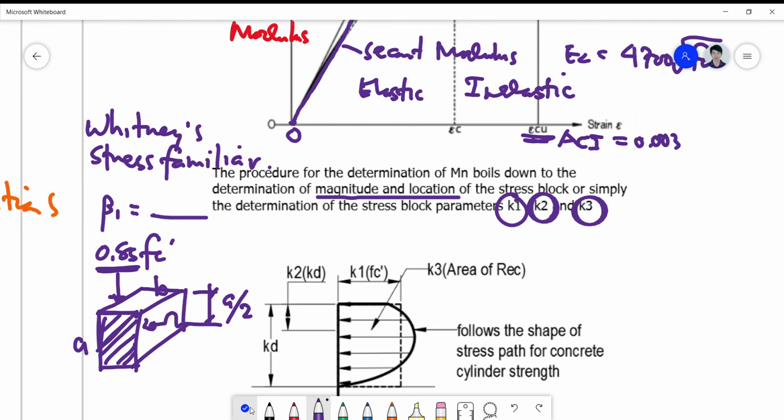But we are not doing the analysis always using this stress block parameter, or else we will be confined again inside the box, into which we can no longer search for new information about flexural behavior if we just stick to this formula.